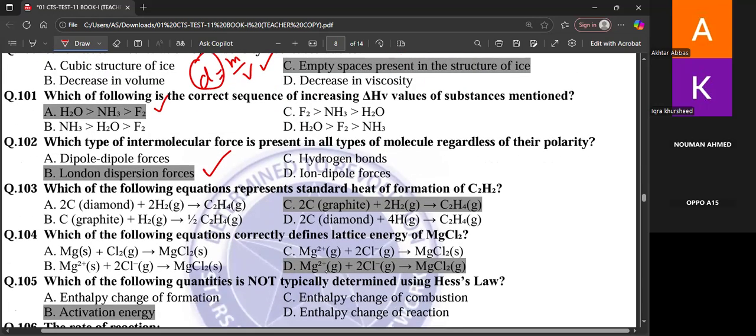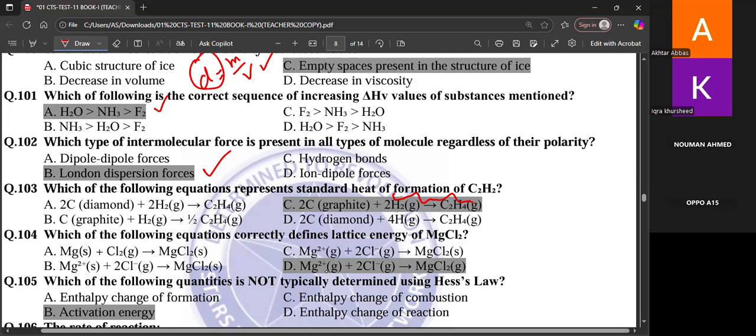Question number 103, which of the following equations represents the standard heat of formation of C2H2? How do you define standard enthalpy of formation? The elements give 1 mole of a substance at standard conditions and standard states.